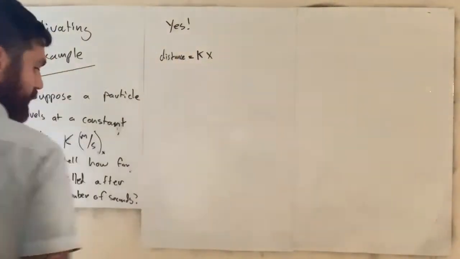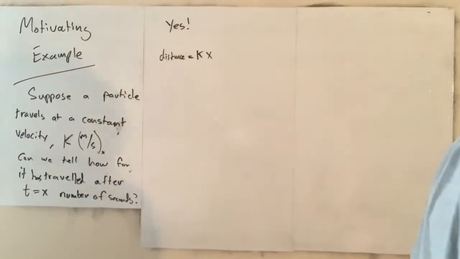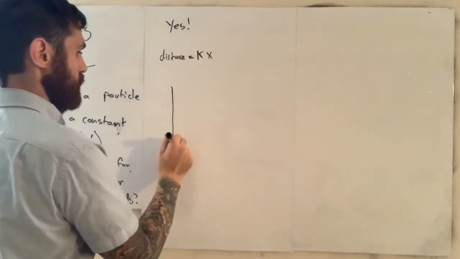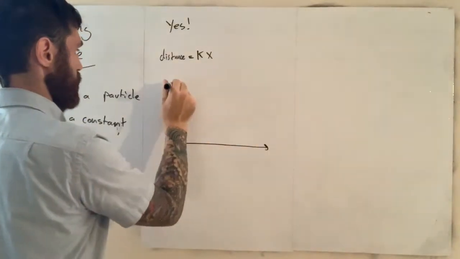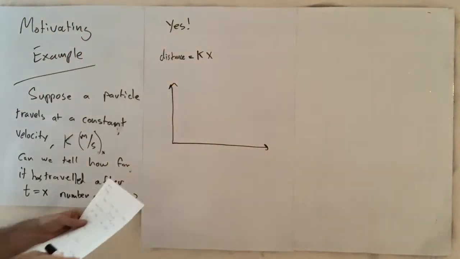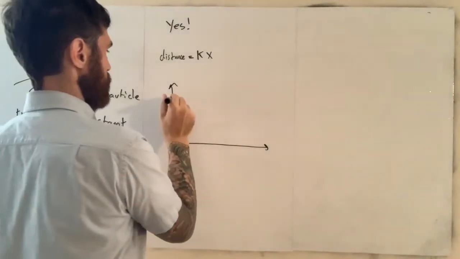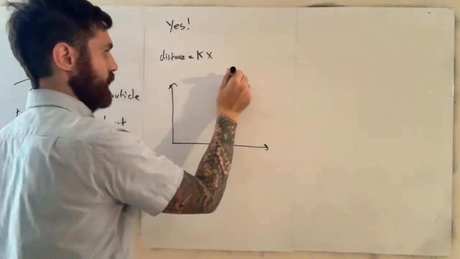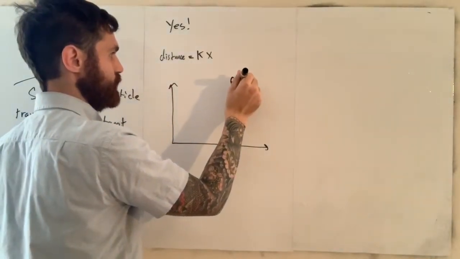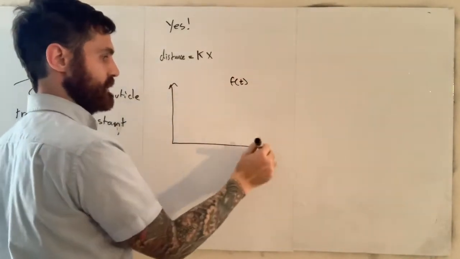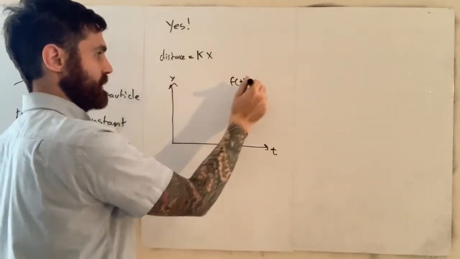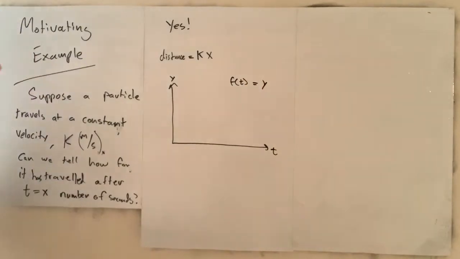Another way to think about this is, suppose we have a picture where we graph the velocity function. So here we have our function, with respect to t. So t is going to be our x-axis, and this will be our y-axis, and we want to graph f of t.